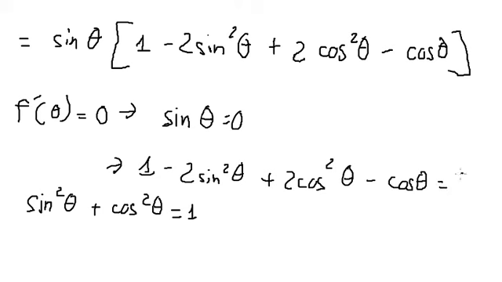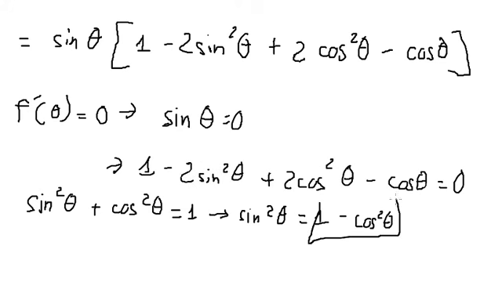And now I will put one thing going here. So we have 1 minus cosine theta squared. So I need to transform sine theta squared into 1 minus cosine theta squared.